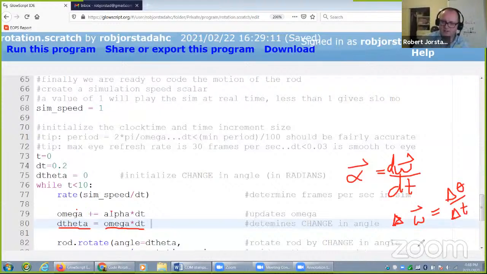And then why don't I just say theta final plus equals omega dt, and just do the same thing? I meant to say theta there and I wrote omega. Well, you'll see why in just a minute.